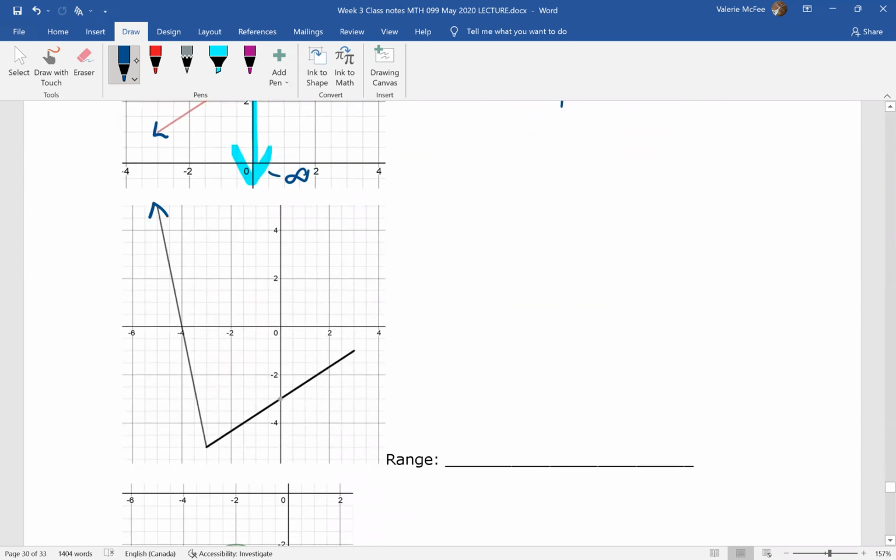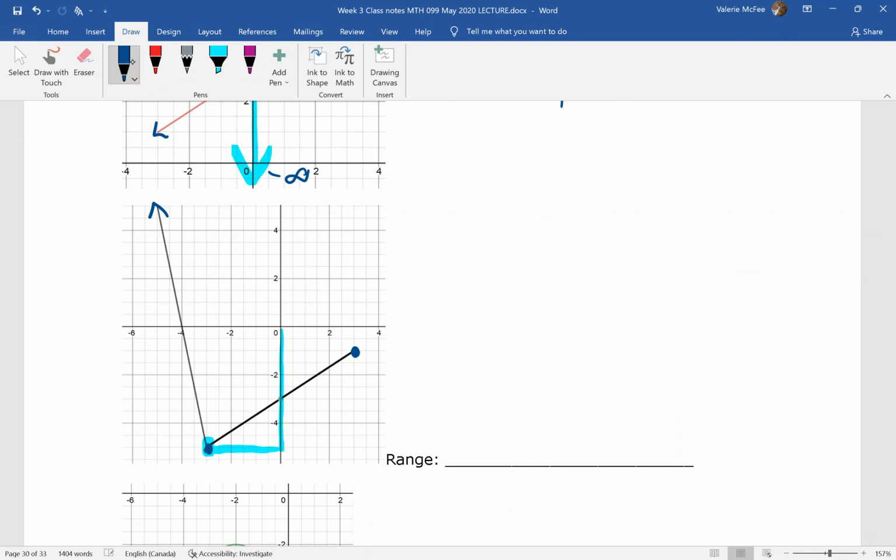Now this one, we put an arrow here, we put a closed circle here. How far down does this graph continue? Well, it stops right here, right? This is the lowest point on my graph.